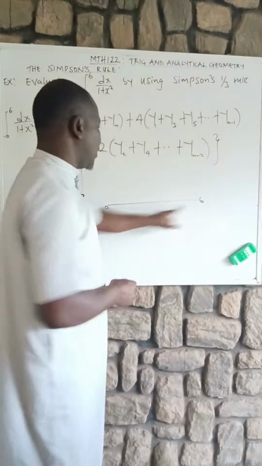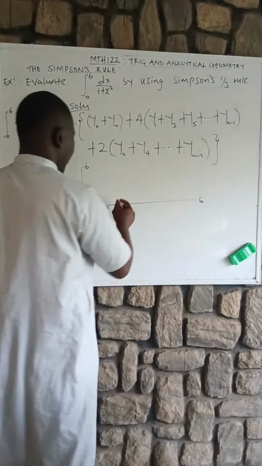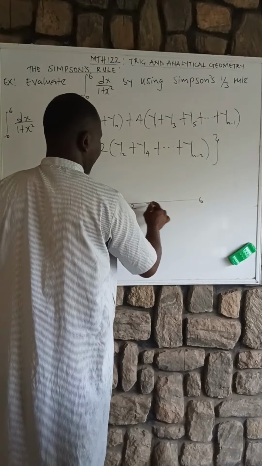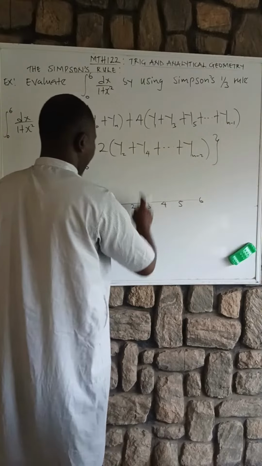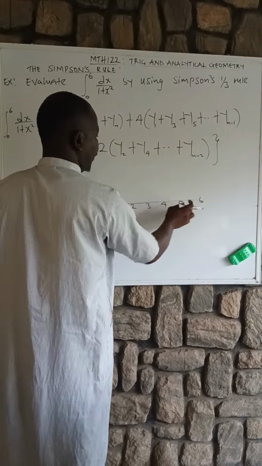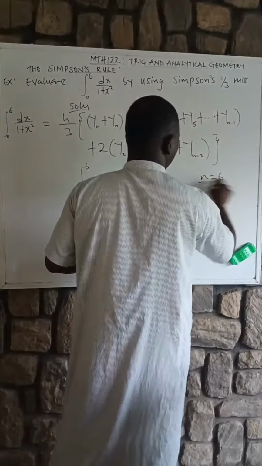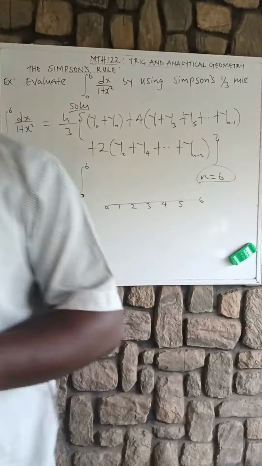In between 0 and 6, the numbers are 1, 2, 3, 4, 5, then 6. So this implies that your n is equal to 6. Are you following? Any question?